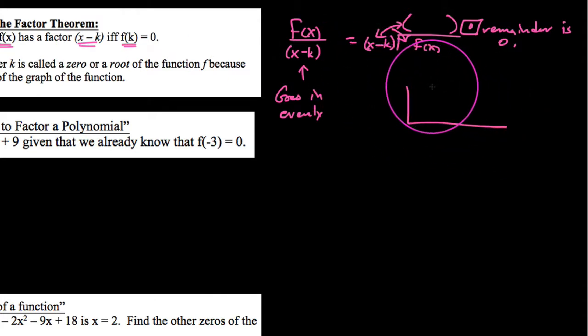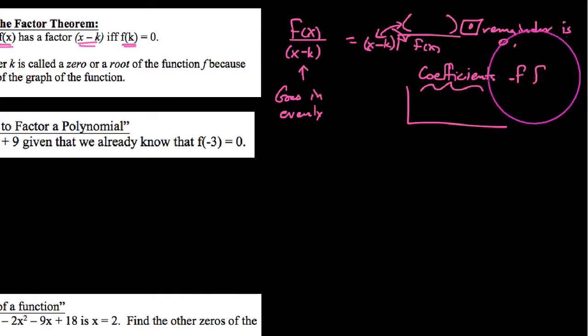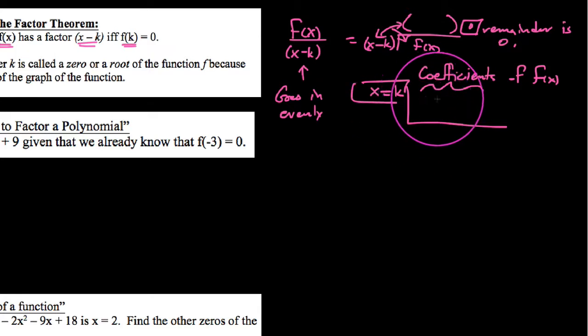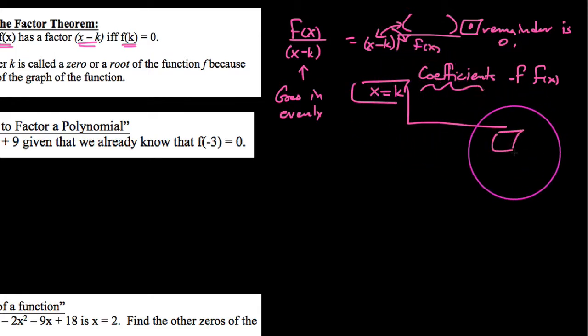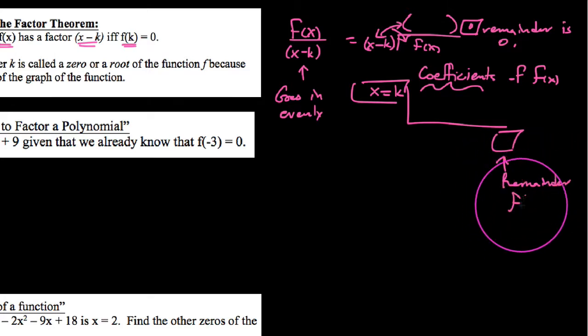So this remainder theorem right here, I'm just going to list it one more way. If I were to list the coefficients of f of x, and out here we write x equals k, then if we drop in these coefficients, this number down here is the remainder. But remember, not only is it the remainder, it is f of that x value.